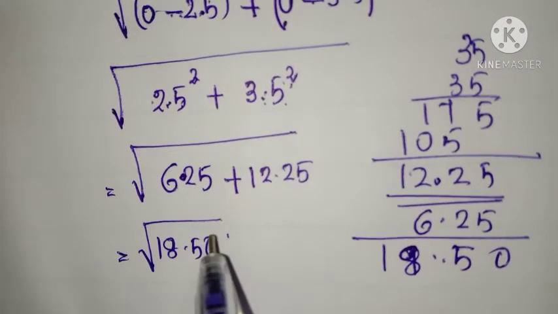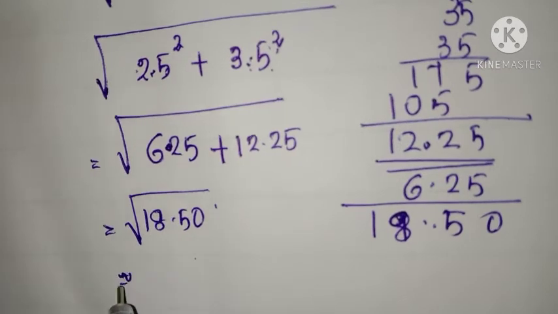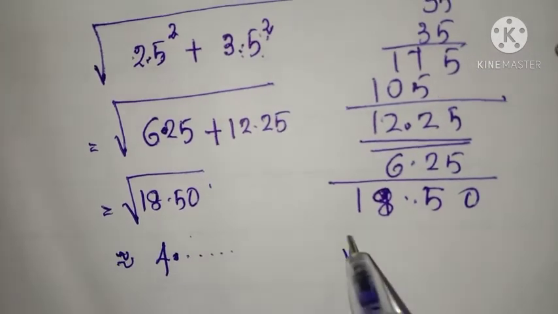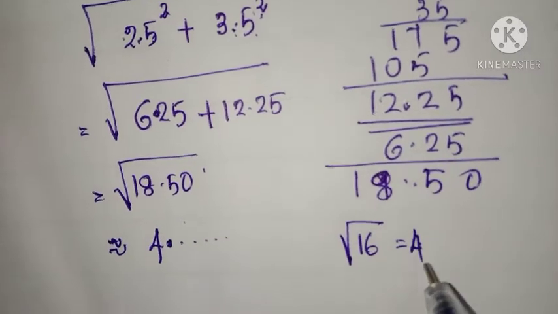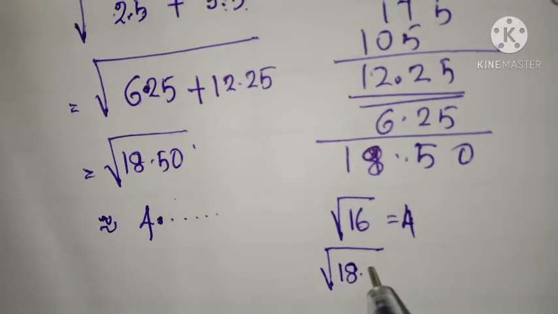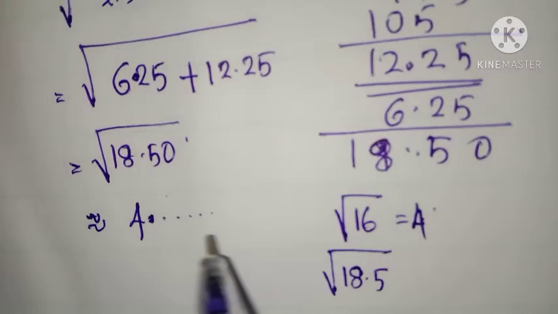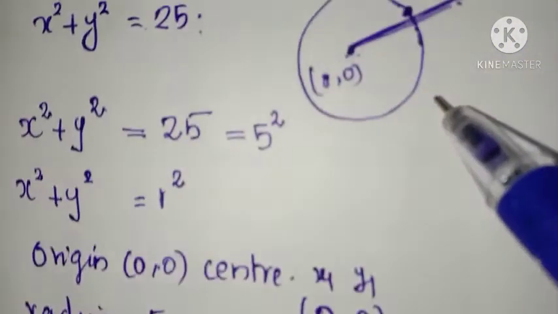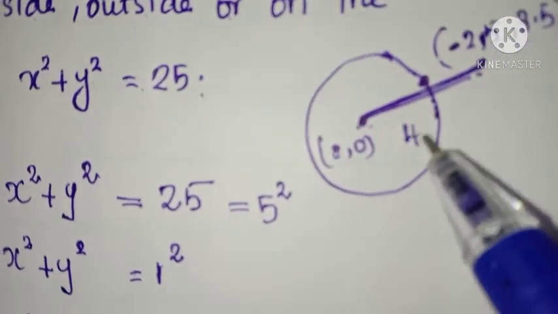So the root of 18.50 is approximately 4 point something, because the root of 16 is 4. It is the root of 18 point something, so it is more than 4. So the distance between these two points is 4 point something.